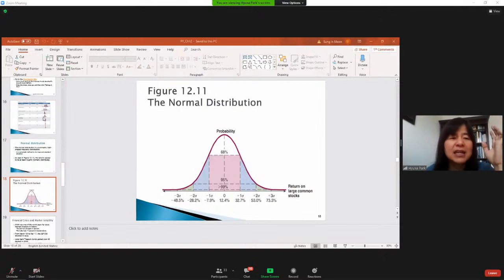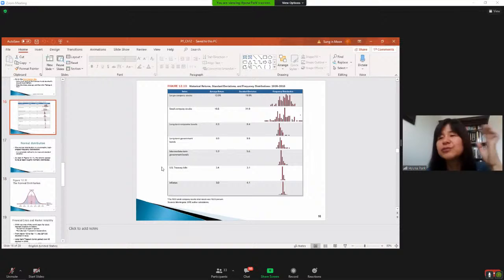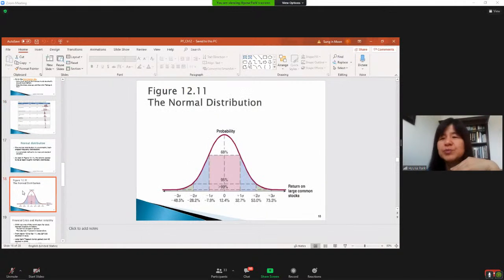Historically, when we observe long-term asset return data, not just one year but a reasonably long period, many assets' returns look similar to a normal distribution. And the beauty of the normal distribution is the mean and standard deviation. Once we know them, we can answer any questions.